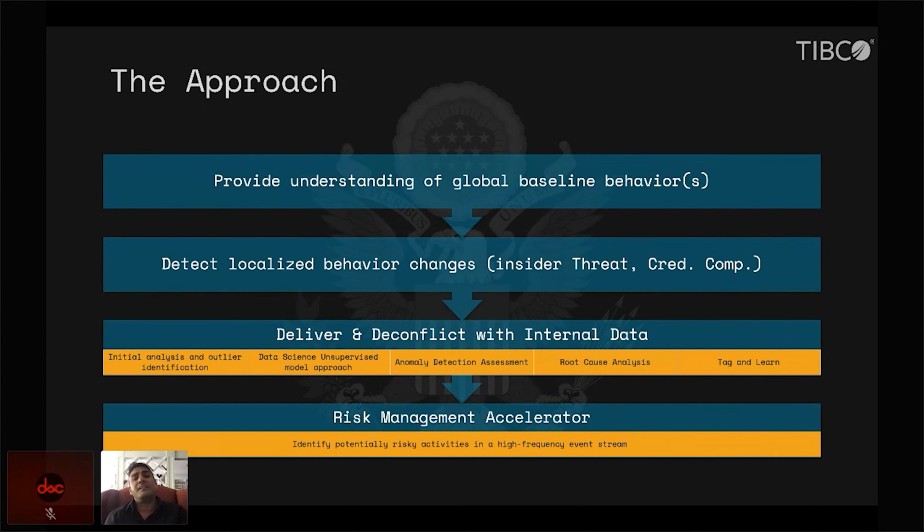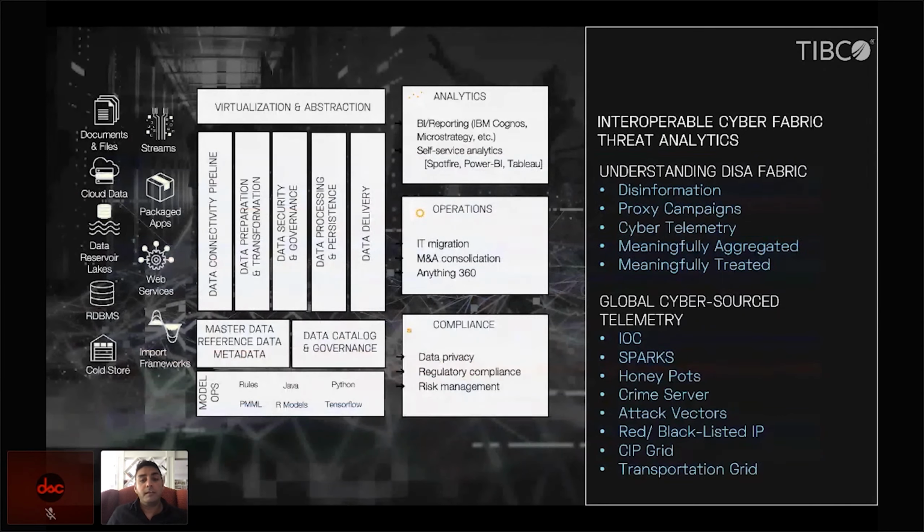Deconflict that unsupervised data model with what's happening and what we've known to have happened on a global perspective, and then thus turn that into an unsupervised model when it comes to a risk management accelerator. So once again, from an external standpoint, what are the data sources that we can take into perspective? We can take into perspective IOCs, SPARKs, honeypots, crime servers, and of course the global attack vectors as they start to come in.